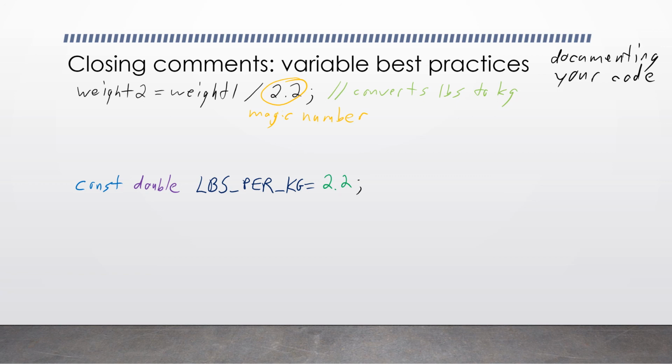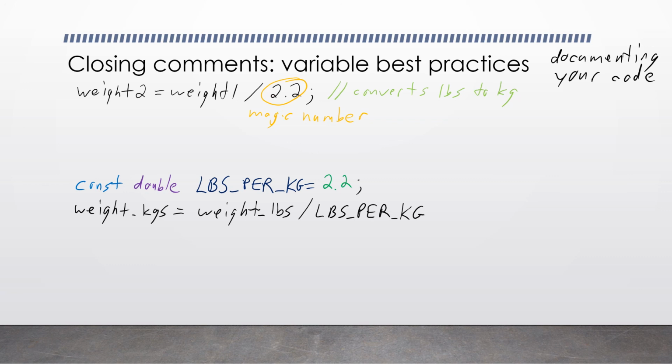We can go a step further here and now rewrite our code from earlier using meaningful names. Weight kilograms equals weight pounds divided by pounds per kilogram.